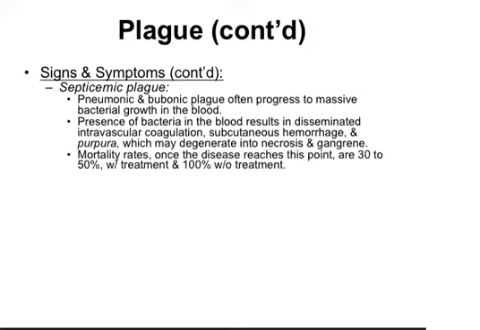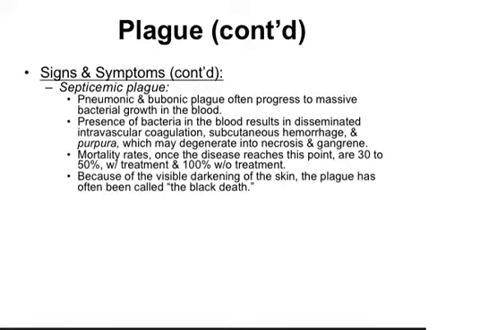Basically, you generate blood clots all over the body in areas where they're not necessarily needed, and paradoxically, that leads to an increase in the likelihood of bleeding and bruising. Mortality rates, once the disease gets to this point, are close to 50% with treatment and 100% without. Because of the visible darkening of the skin, the plague has often been called the Black Death.